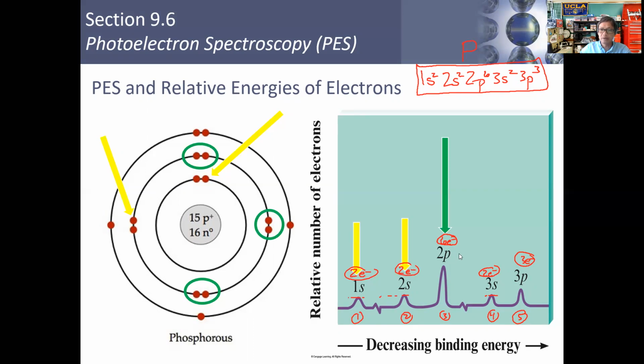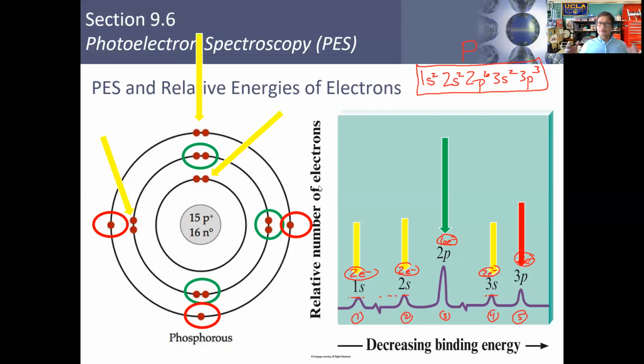Okay? Right, moving forward then, the 3s electrons will be those out there. So they're a little bit further away from the nucleus. The binding energy will be a little bit less. And then finally we have these 3 electrons here, which represent the 3p. Remember, the 3p are a little bit further away from the 3s, so therefore their binding energy is going to be a little bit smaller than the 3s electrons here.